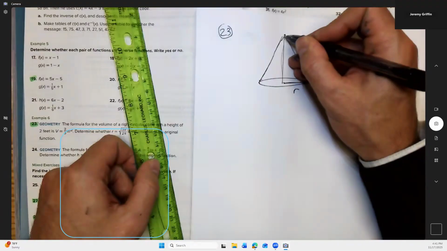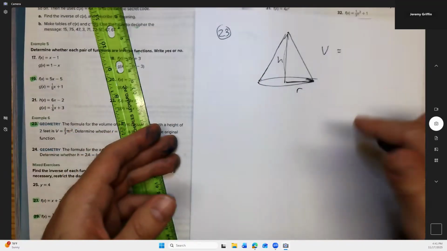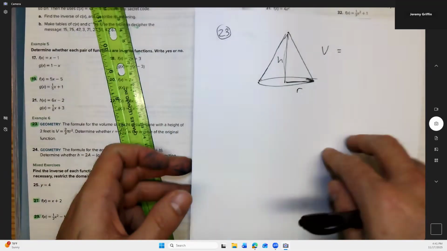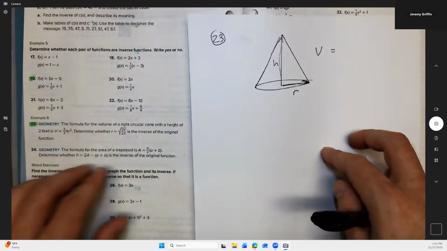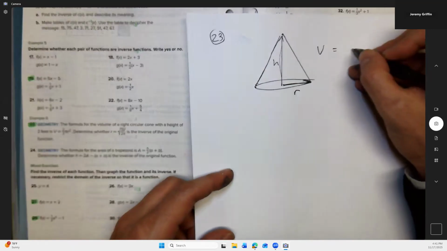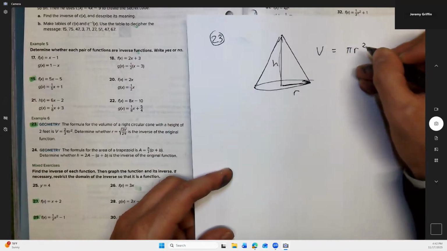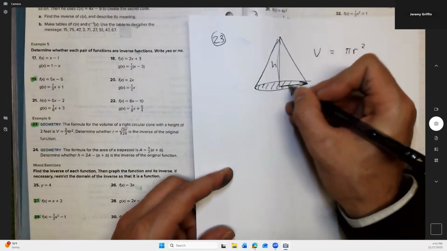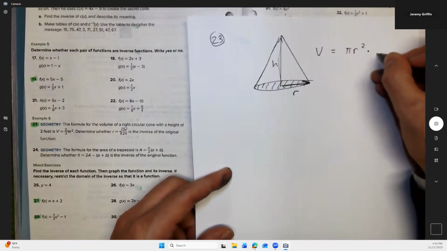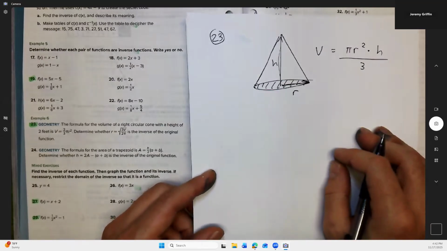Anytime anything comes to a single point, it's 1/3 of the 2D base times the height. Let me spell it out: base times height, that could be pi r squared for the circular base, which I'm hatching right here, times the height, and then the whole thing's over 3, or put 1/3 in front.